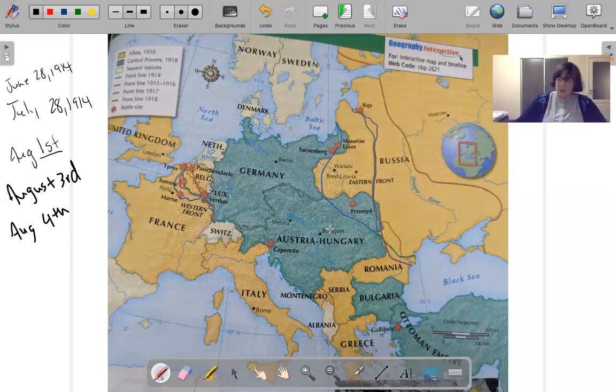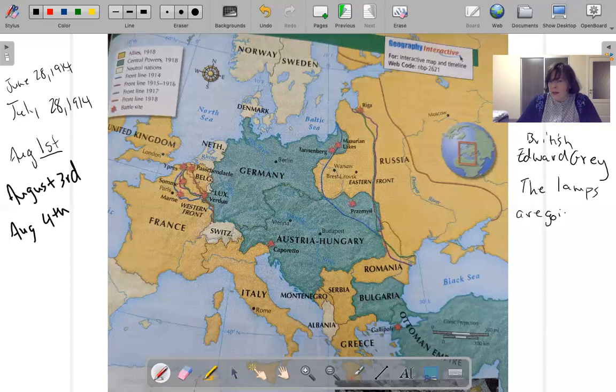But there was one famous British diplomat named Edward Grey, and he has a very famous saying: the lamps are going out all over Europe.